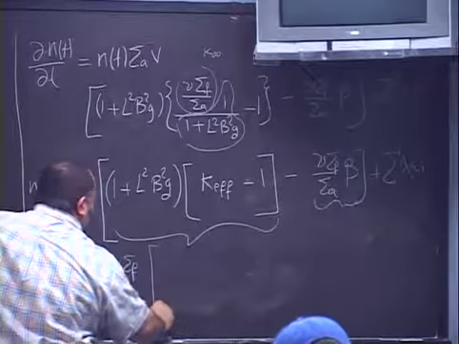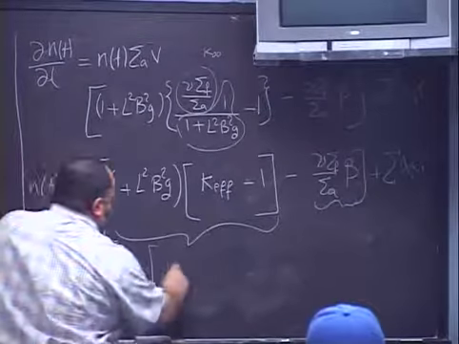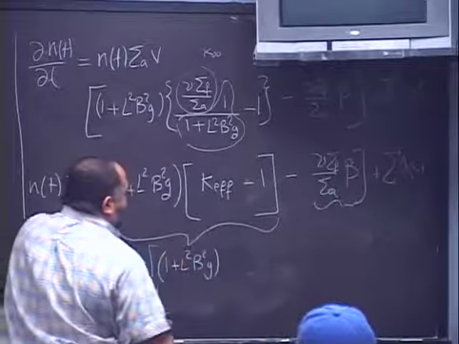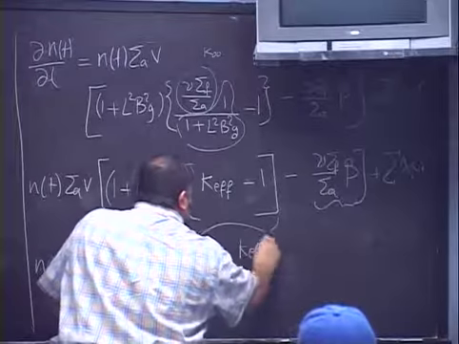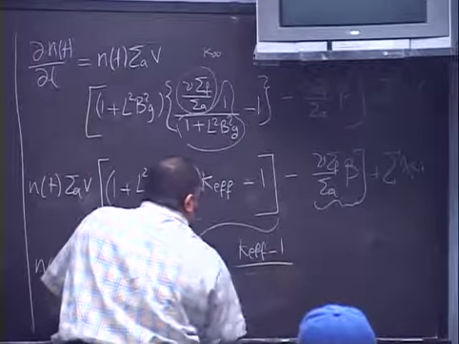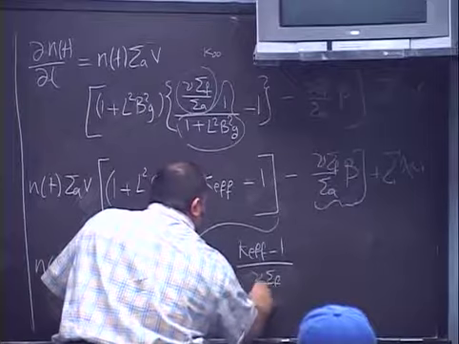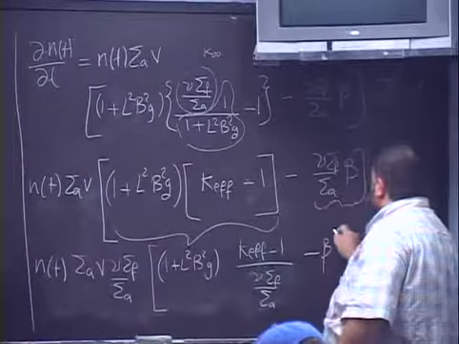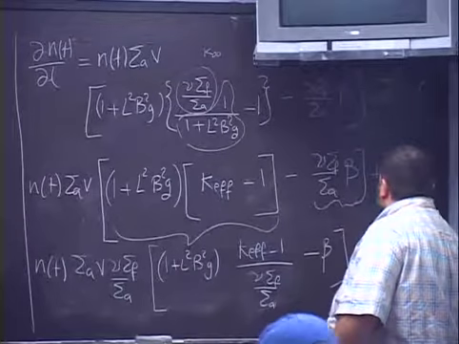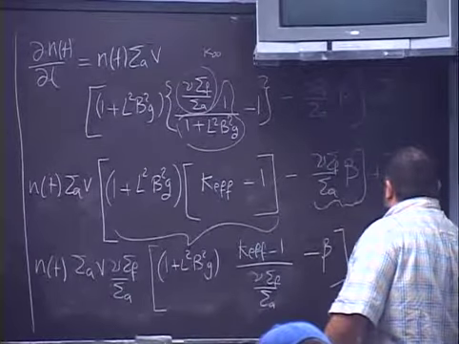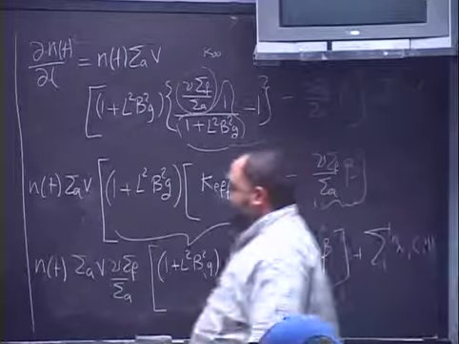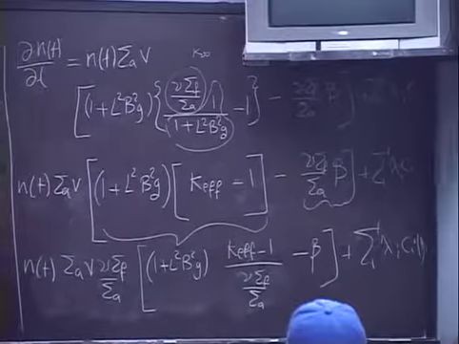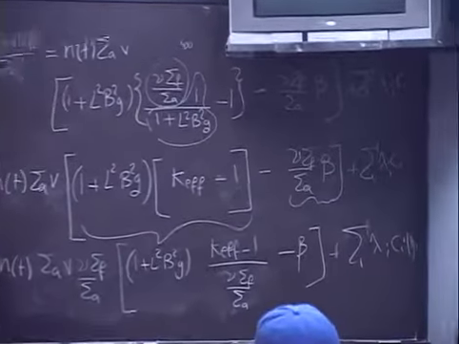This will give you 1 plus L square B square G multiplied by K effective minus 1, divided by nu sigma fission over sigma absorption, minus beta plus summation of lambda i Ci of t. Do you have any objections, guys? Sigma A will cancel, yes.